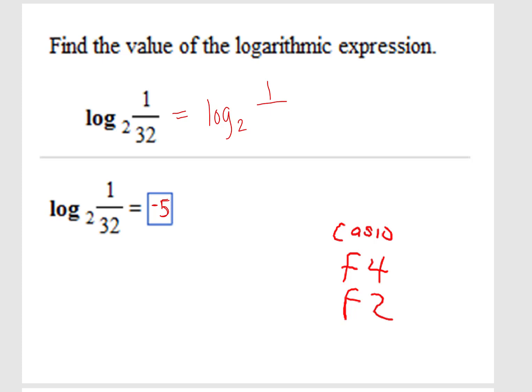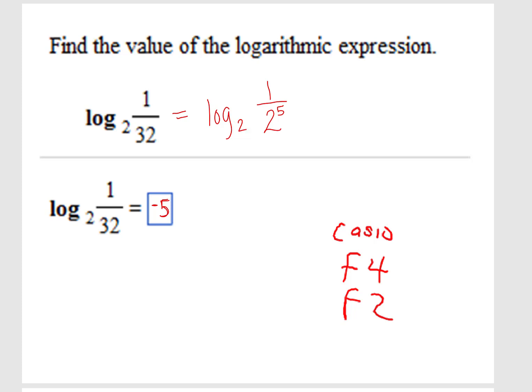It's like a small yellow handout, and you can also find that in the document sharing. It shows you some of the exponential expressions like 2 raised to the 2nd power, 3rd power, 4th power, 5th power. So 2 raised to the 5th is equivalent to 32. I didn't change the value of anything, I'm just writing it differently, and I'm driven by trying to get a base of 2.